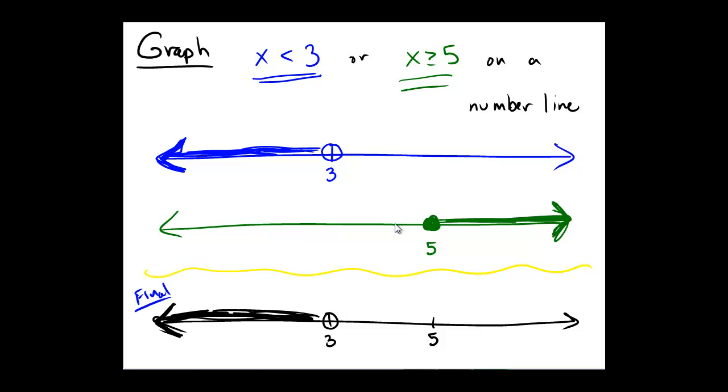We do not shade in between the 3 and the 5, because that in between part was not shaded in either of the graphs. Finally, down here we do have to shade 5, and we shade to the right of 5 because the numbers from 5 to the right were shaded in the green graph. So the final solution is these kind of wings from 3 to the left and from 5 to the right.